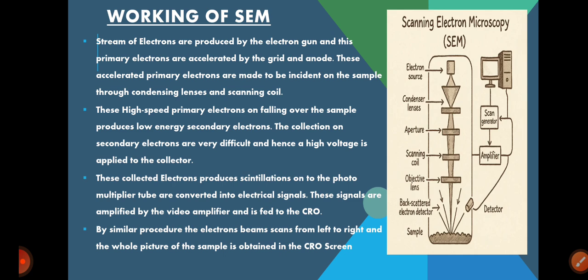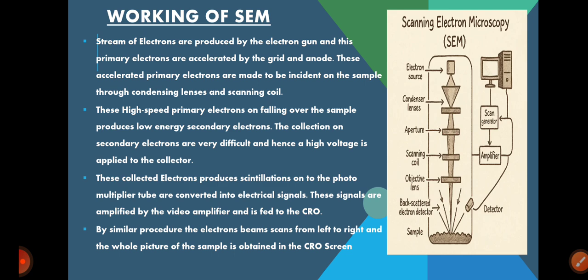So we apply a high voltage to collect the secondary electrons. The collected electrons are passed to a photomultiplier tube and converted into an electrical signal. These signals are amplified by the video amplifier and fed to the cathode ray oscilloscope.